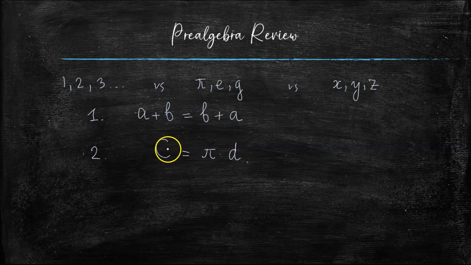So that can be expressed using the letters. Here we have a constant and a variable, and altogether it's called a formula.